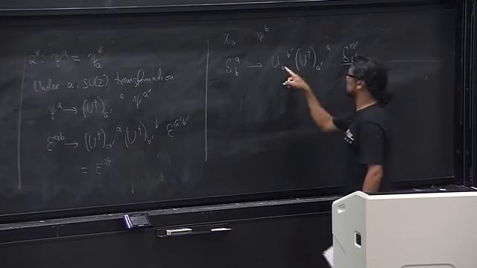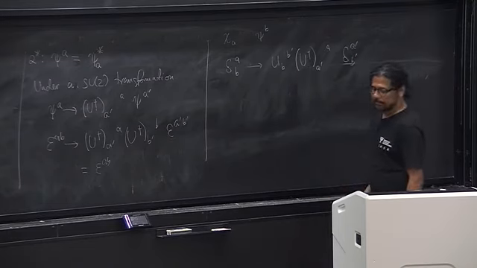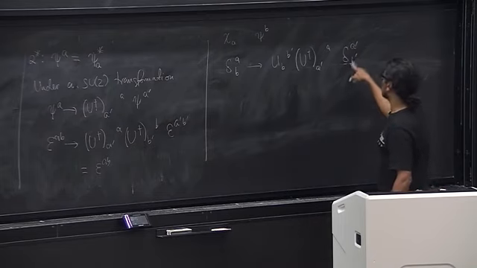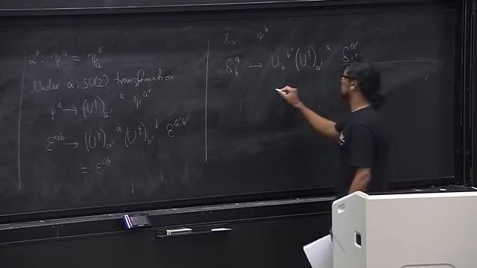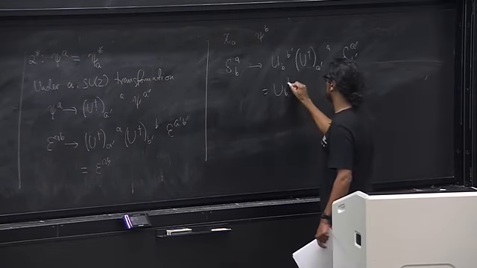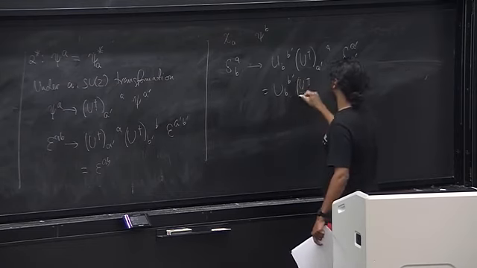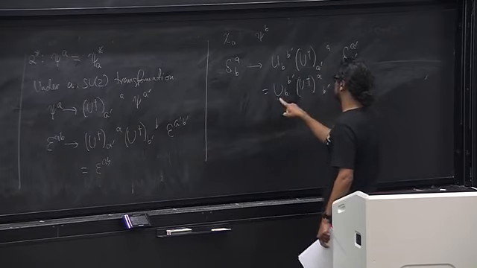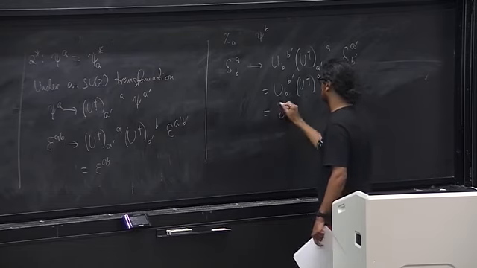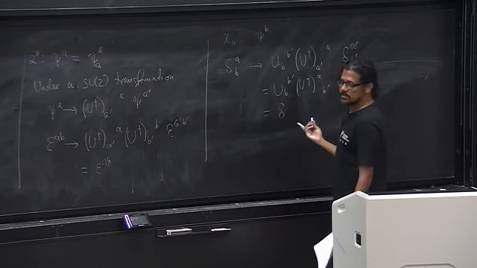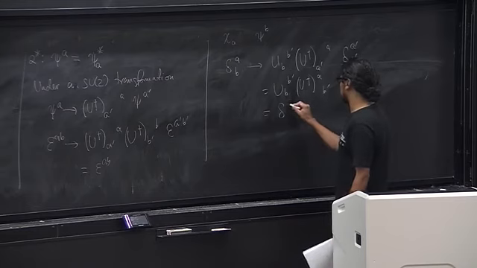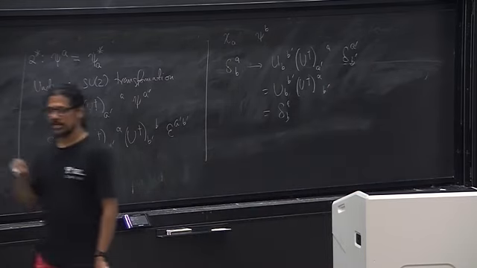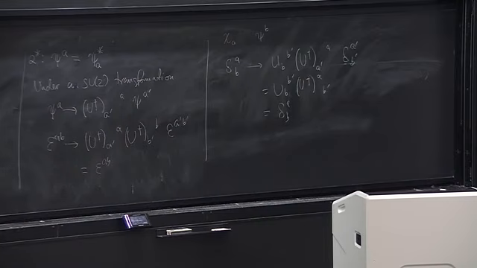But these are just the inverse of each other. So if I now use this delta and sum over A prime, I get U of B prime, U dagger of A B prime. So this is just matrix multiplication, which gives me U dagger is U inverse. So I get delta of A B. So we see that this object is also an invariant tensor of SU2.